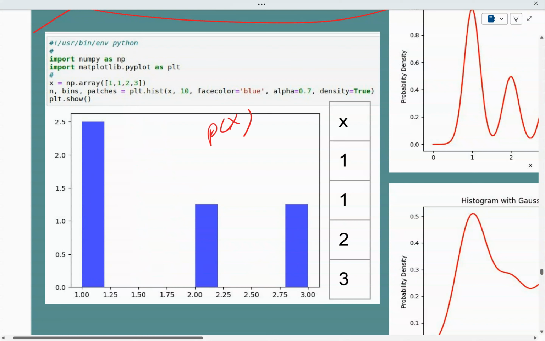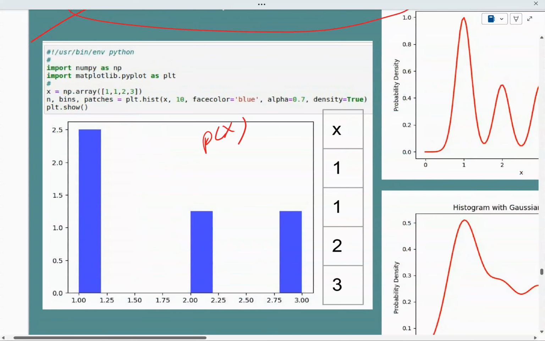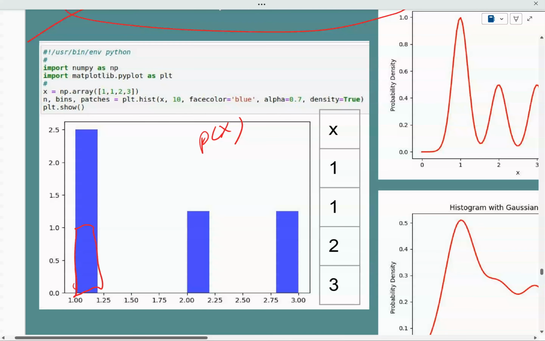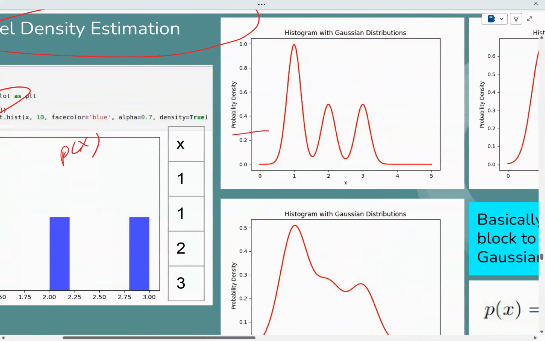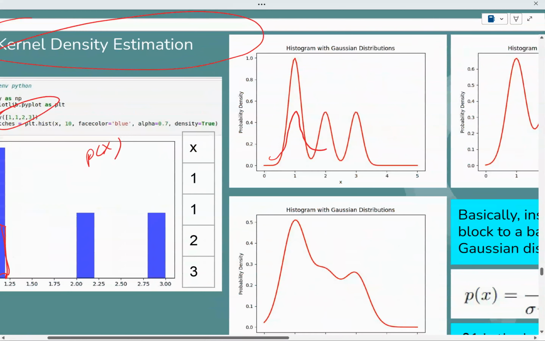Now, KDE is doing exactly the same as a histogram, except instead of stacking rectangular blocks, it's stacking a Gaussian distribution. So for example, let's look at this data set again. It's 1, 1, 2, 3. What it would do is put a Gaussian distribution at 1. The second one is 1 again, so it will add another Gaussian distribution at 1.